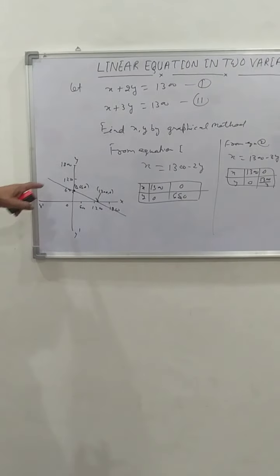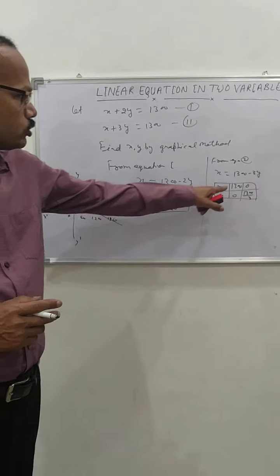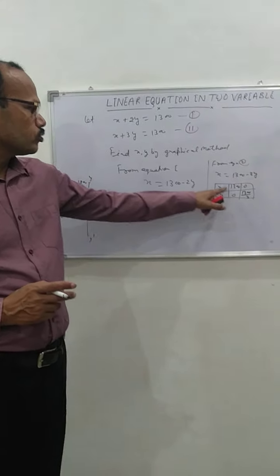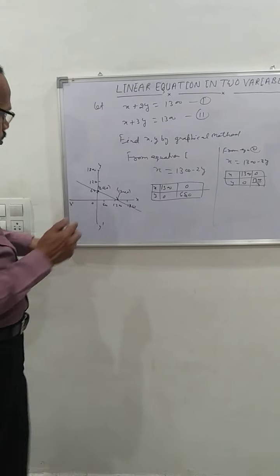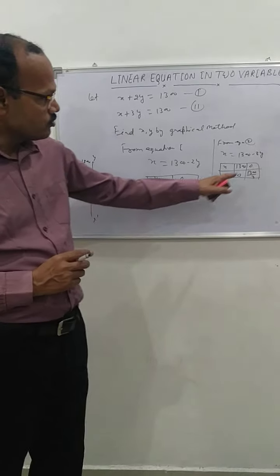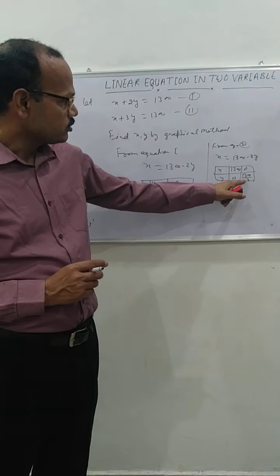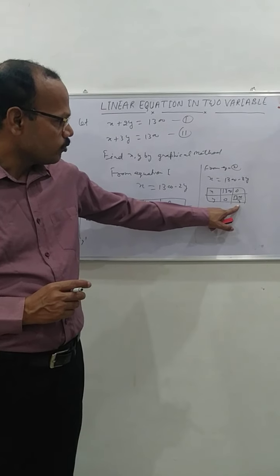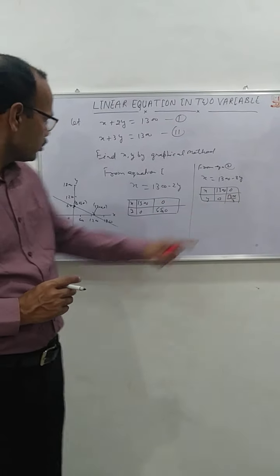In a similar manner, on this graph paper we represent the two points of the second equation also. The point (1300, 0) will be the same, so one point is common, and the second one has 0 on the x-axis and 1300 upon 3 on the y-axis, which is somewhere near 400.